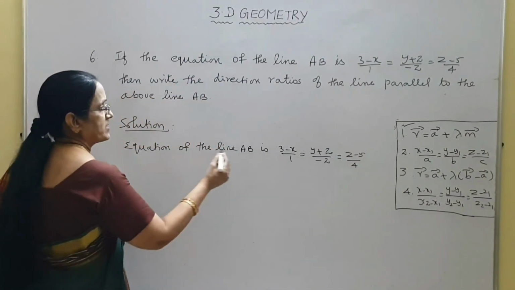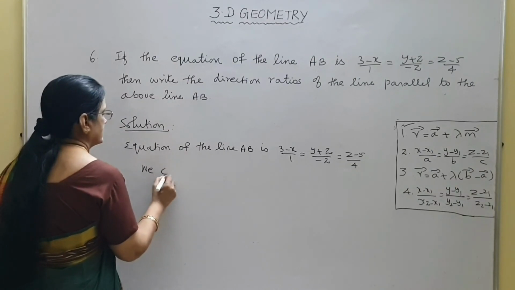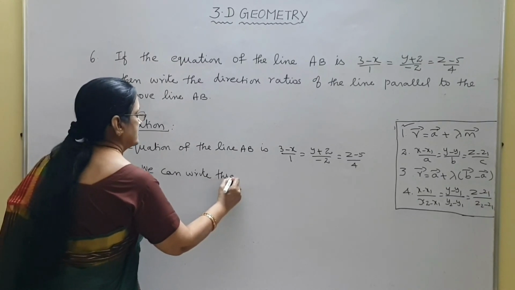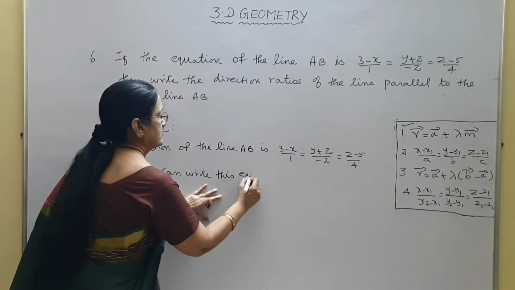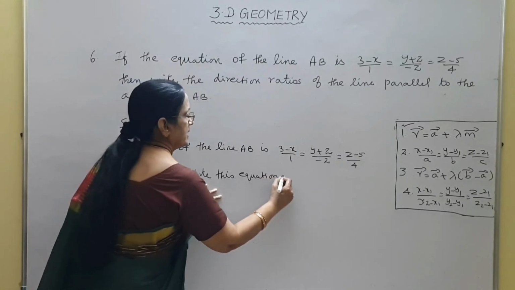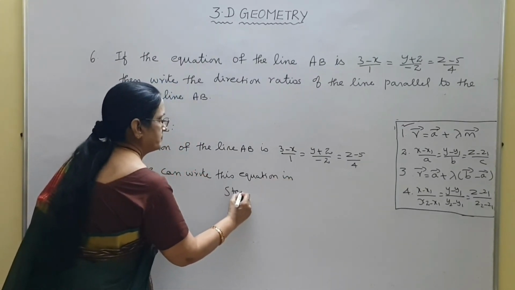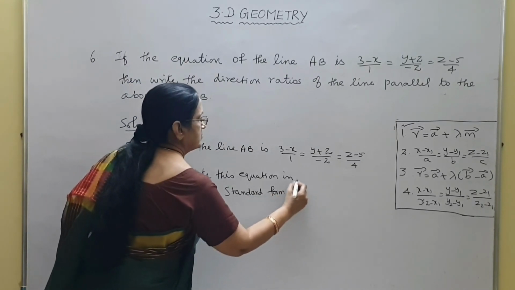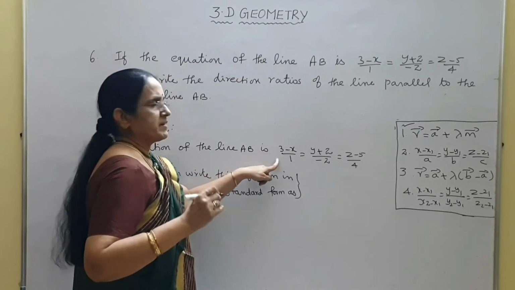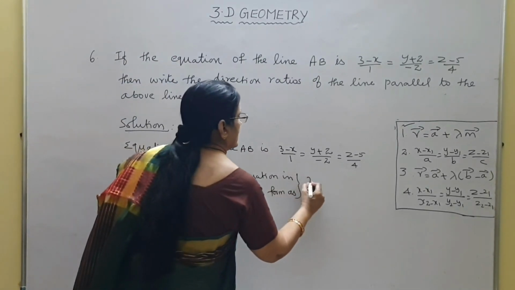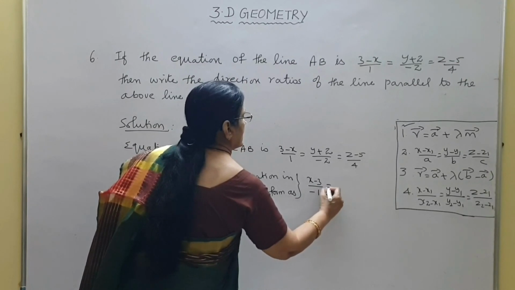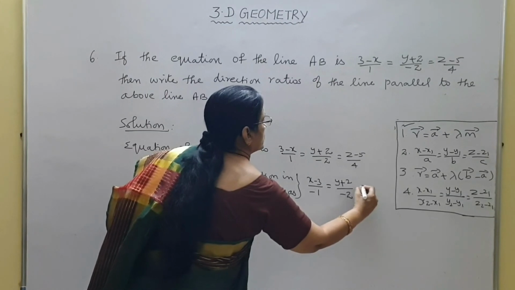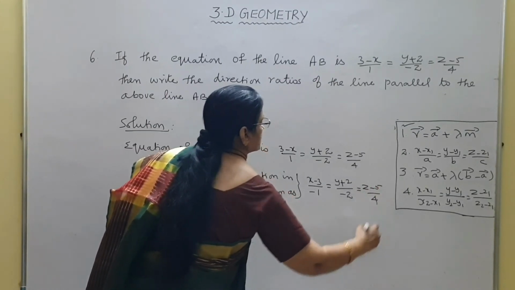Coming back here, we can write this equation in standard form as, multiply and divide by minus 1. You get (x minus 3)/(minus 1) equal to (y plus 2)/(minus 2) equal to (z minus 5)/4.